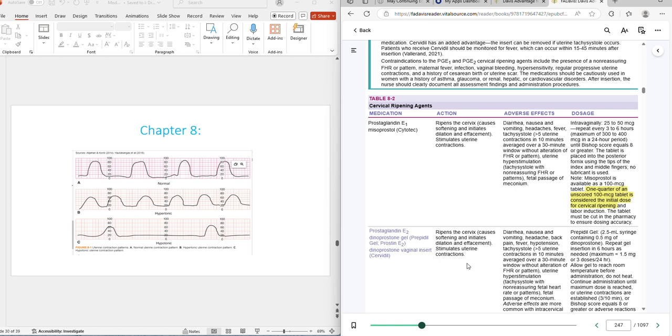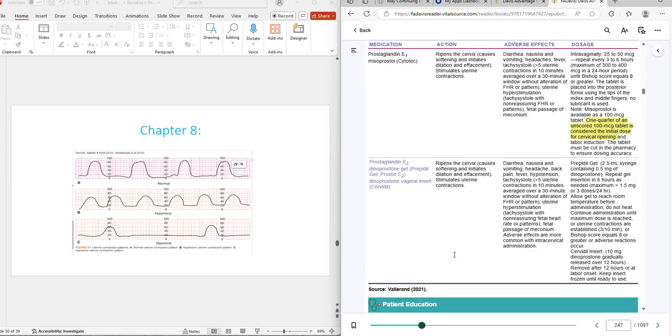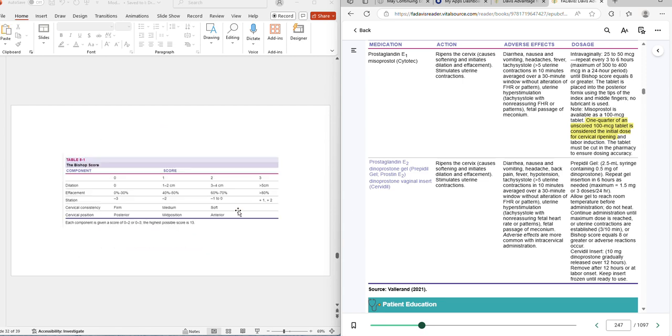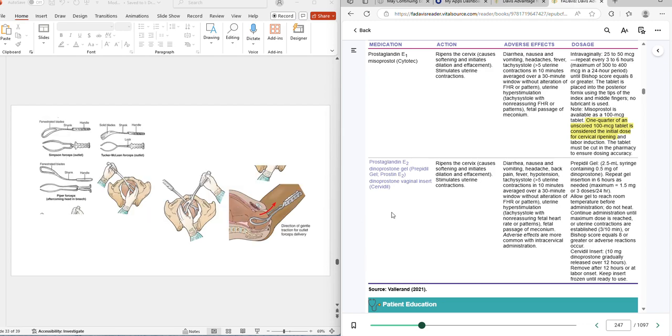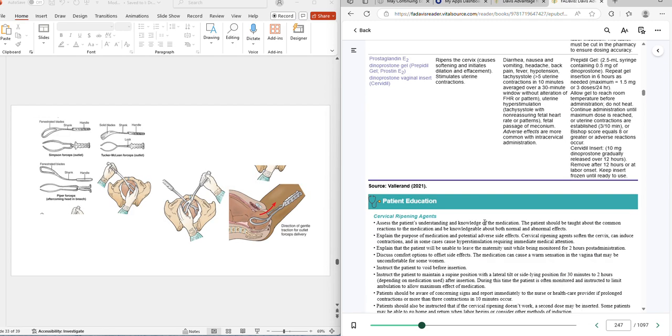This is another ripening agent that dissolves, but it's on a string, so it's very easy to retrieve if we need to retrieve that, okay? There's the Amni hook, the Bishop score, all right? So let's go flip on over to page 249.